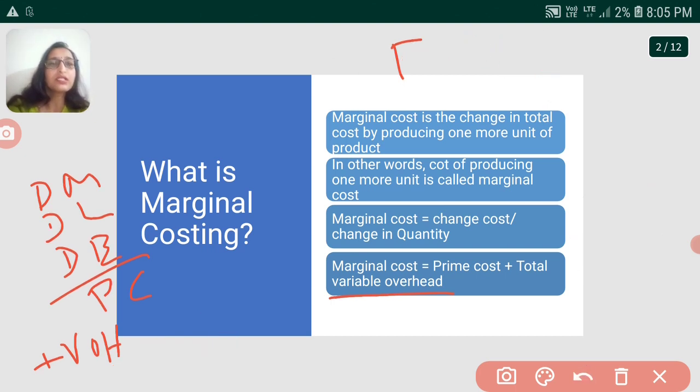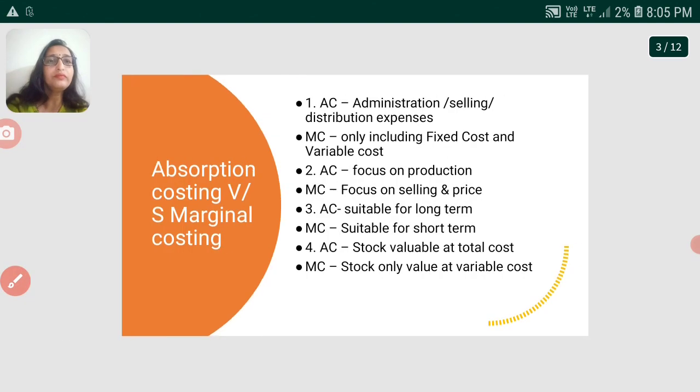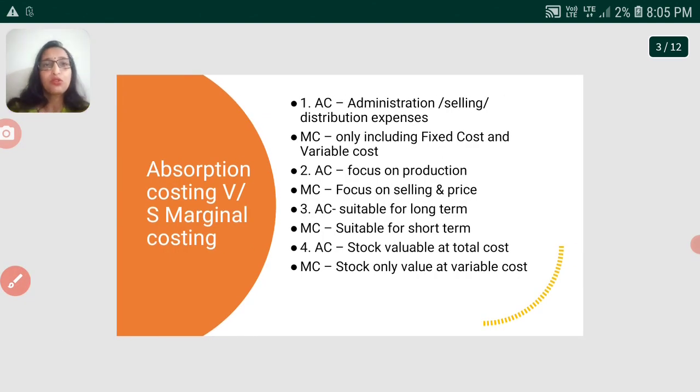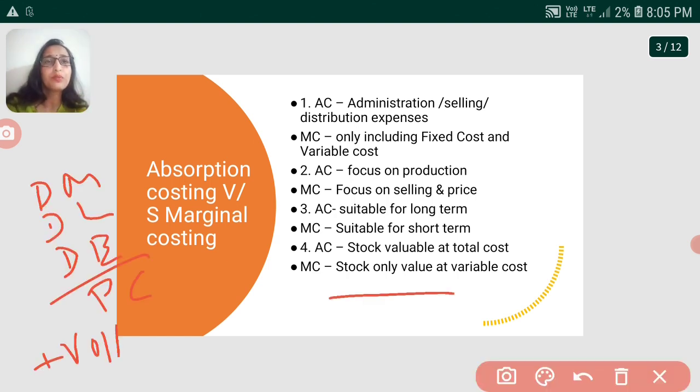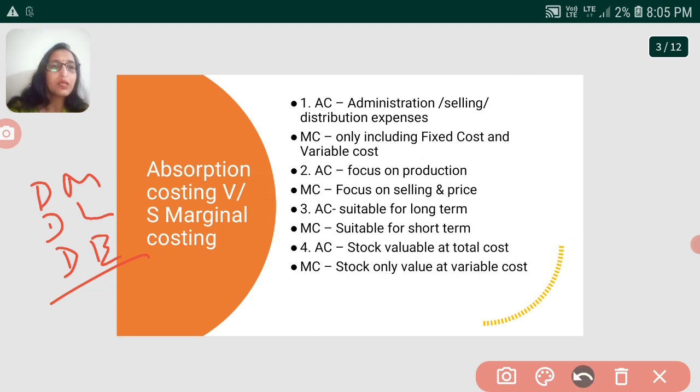Next I'm moving to absorption costing versus marginal costing. What is absorption cost and marginal cost? These are very important, so I'll check one by one. See the first one, absorption cost, that is AC.